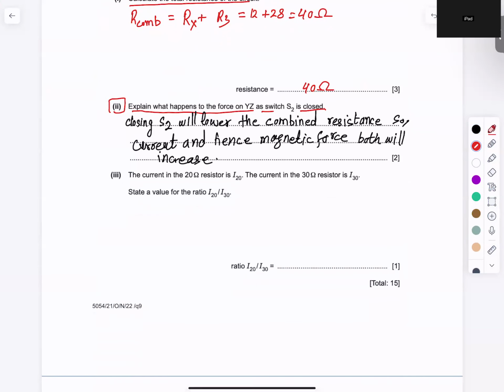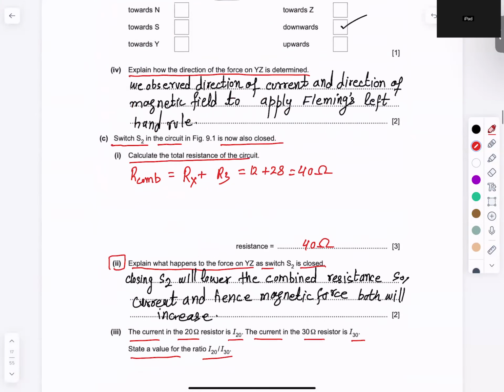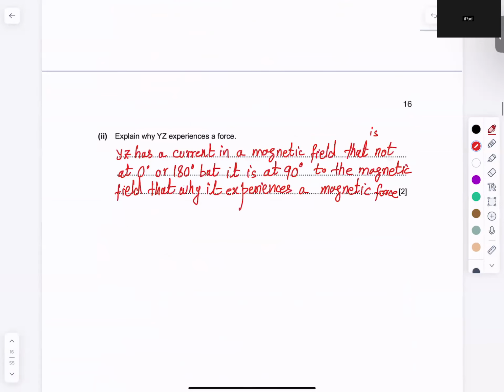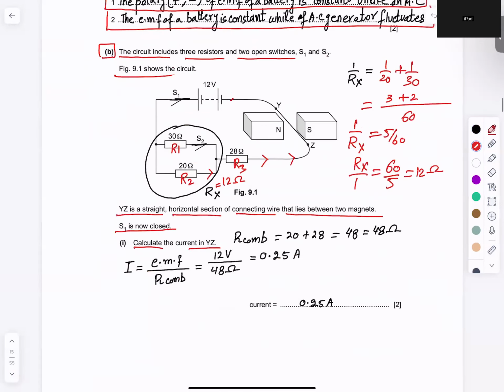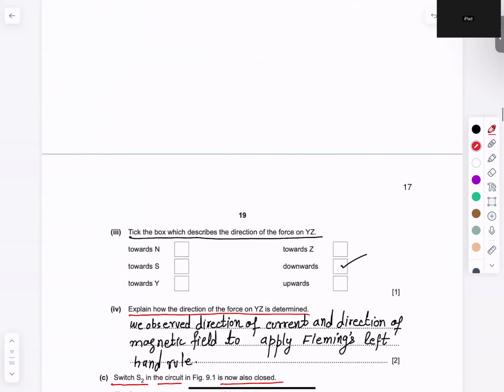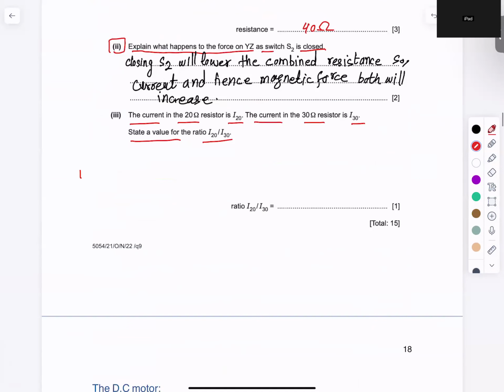The next question: the current in the 20 ohm resistor is I20. The current in the 30 ohm resistor is I30. State the value of current I20 over I30. For that purpose, we will observe the relation between 20 ohm and 30 ohm. They are in parallel. If the resistors are in parallel, their volts will be equal.